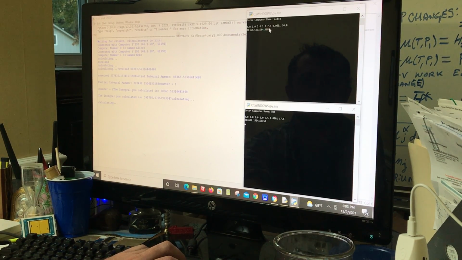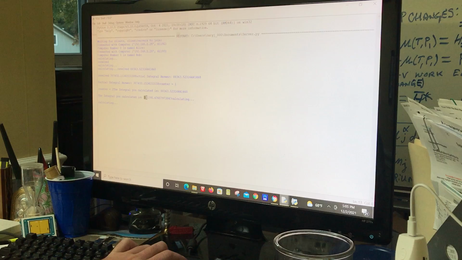This computer is given half the integral range, and then this computer is given the remaining half. Each one computes part of the integral, which is this number here and this number here. These are sent back to the server, which then combines the result, and it comes up with 395,795.67.